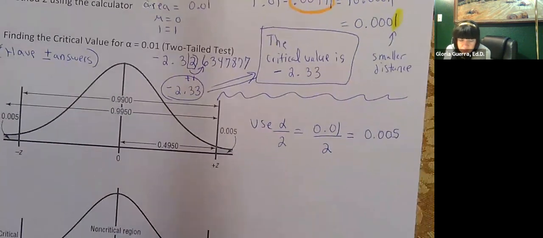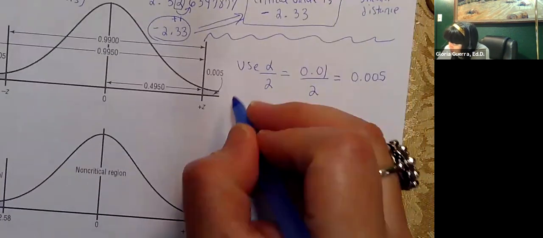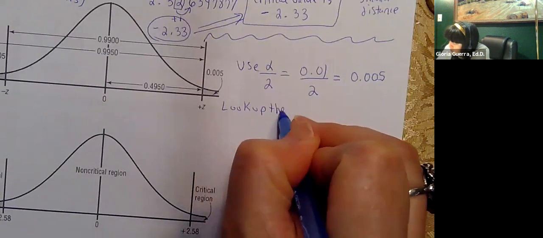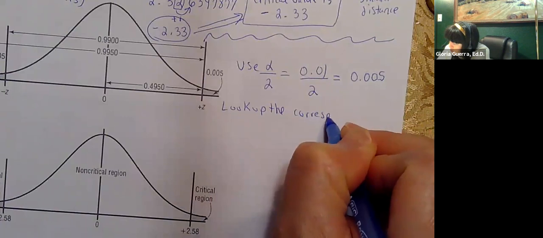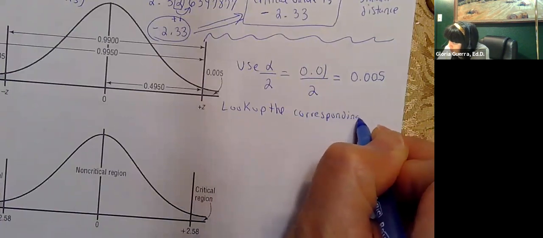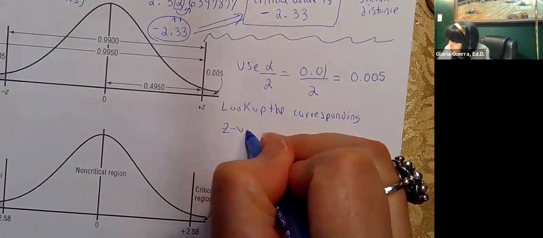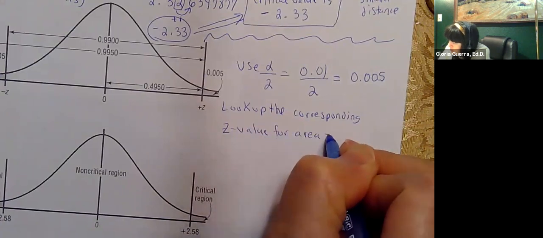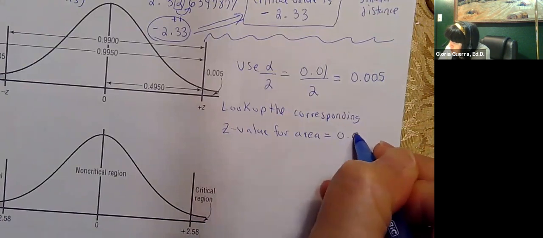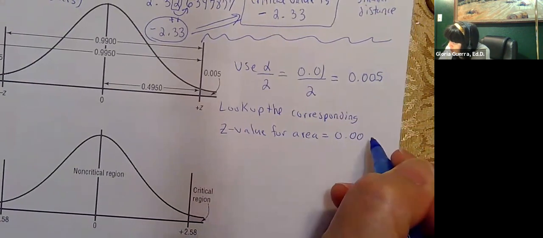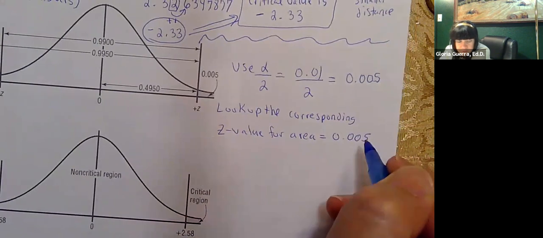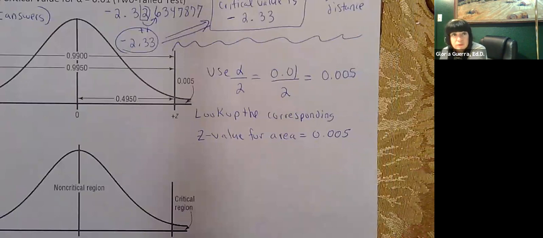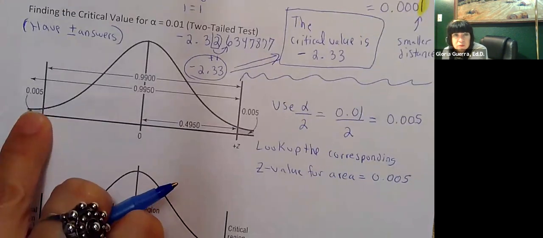And then what we're going to do is look up the corresponding z-value for area equal to 0.005. Because we want to look up area to the left of the curve, and you see that would be okay.